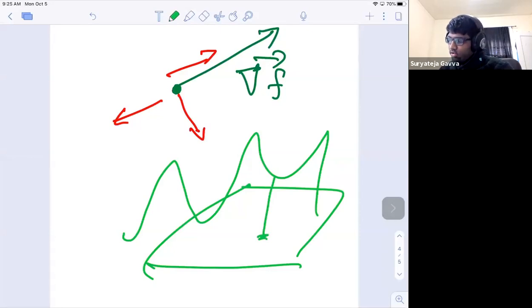You're trying to move up this cliff, for instance, and you're at some point. You want to ask what is the direction in which you move so that you'll go up faster? So what direction should you move? So this is some surface.